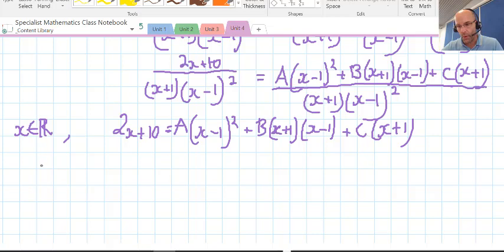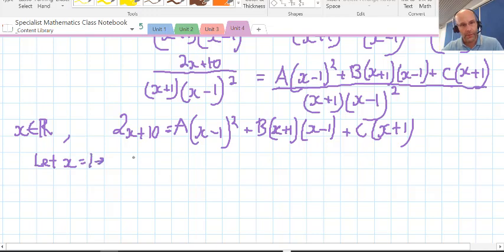If we let x equal 1 to start with, that provides us with 12. Now that will become 0, the coefficient with the a, and same with the b. So that just leaves the coefficient with the c, so that's 2c, and so c is 6.